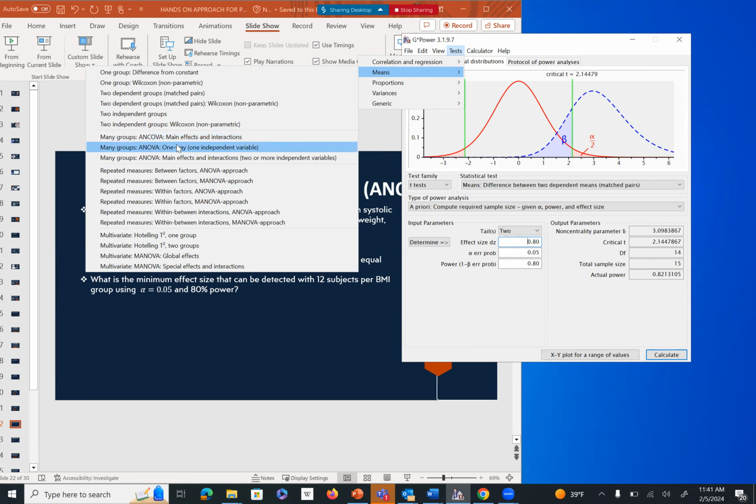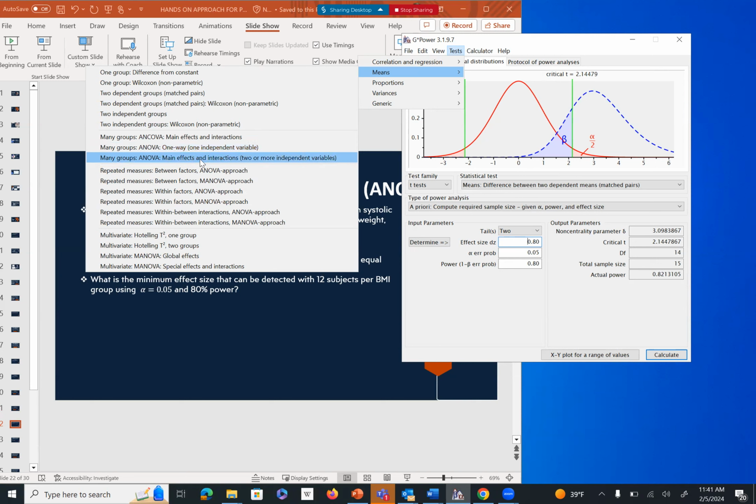If you're just performing a one-way ANOVA, which is the exercise right now, you use many groups ANOVA one way, so one independent variable, because our outcome of interest is the systolic blood pressure, and our independent variable is the group, which is underweight, normal, overweight, and obese.